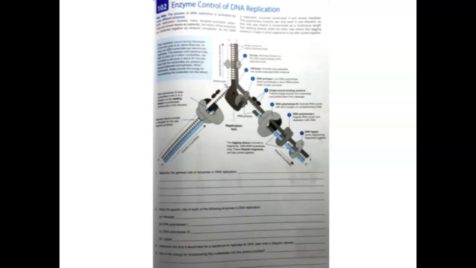So for number 1, describe the general role of enzymes in DNA replication. Here, enzymes catalyze the reactions that occur during DNA replication. They unwind the DNA, so that's helicase, copy the DNA strands, that's DNA polymerase, rejoin the DNA sequences, that's ligase, and proofread the DNA to correct mistakes.